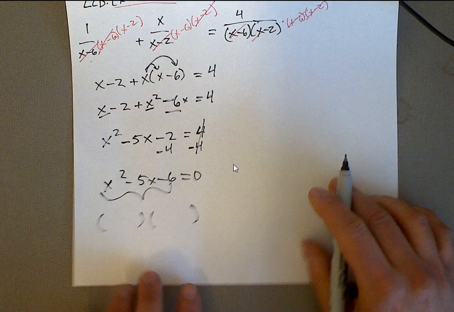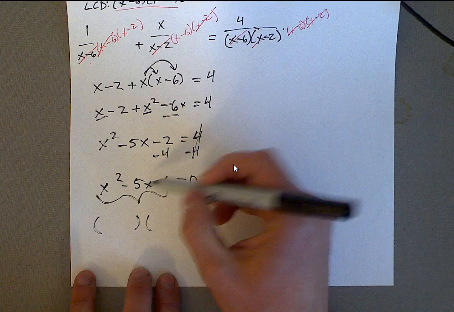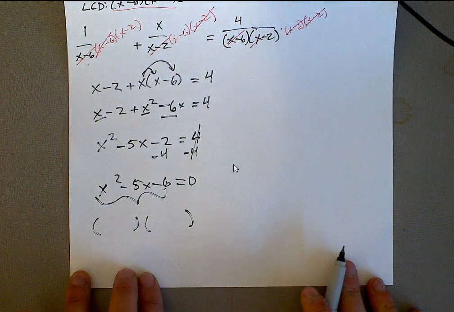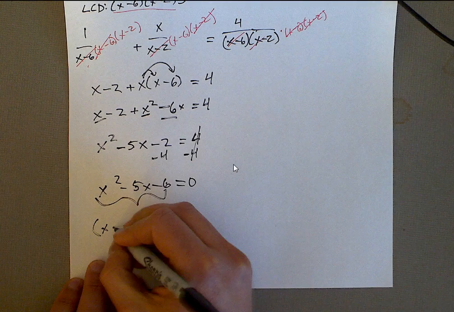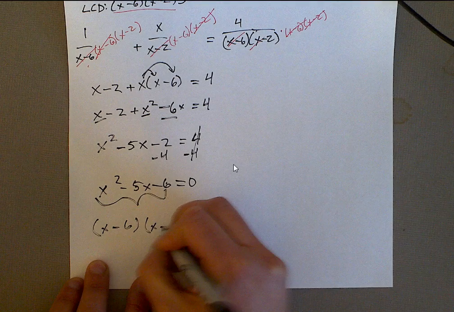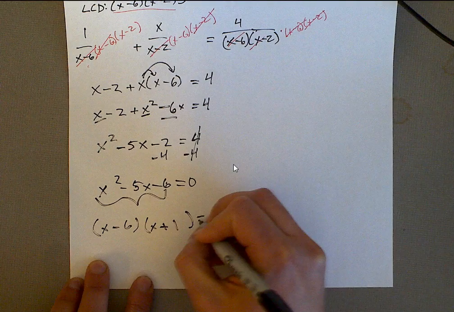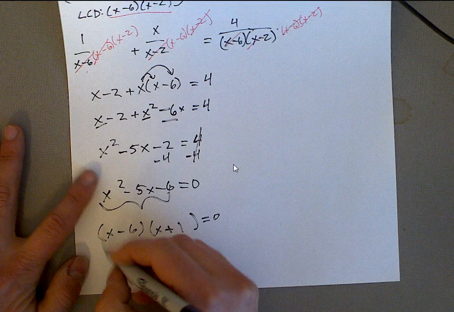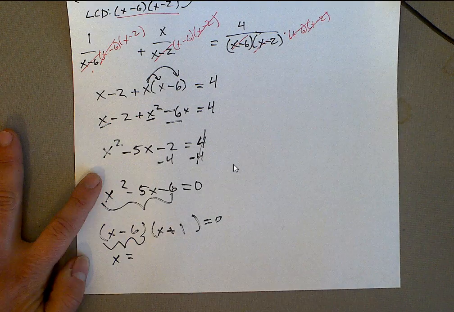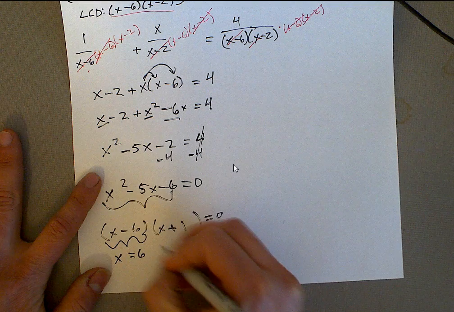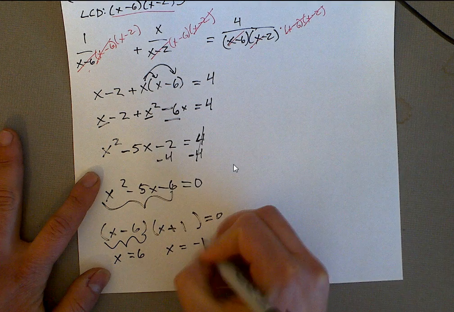What multiplies to negative 6 and adds to negative 5? Well, it's probably x minus 6 and x plus 1. So that means the solution is going to be x equal to positive 6 and x equal to negative 1.